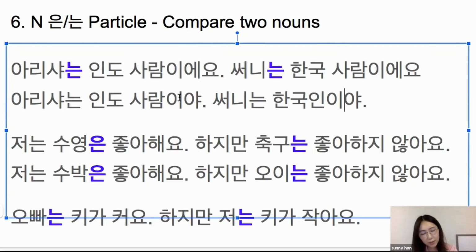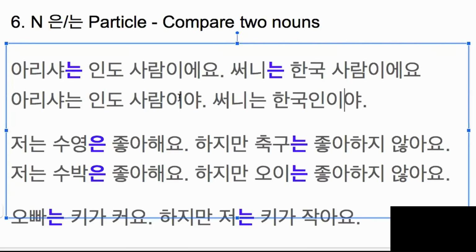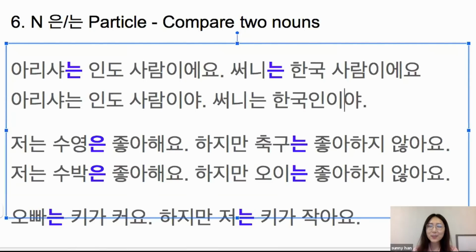But we don't really say Malaysian, no, I think 말레이시아 사람 sounds better. Okay. Yeah, I don't know how to explain this. Maybe 인 is from Chinese words, I guess. So try to use 사람 instead of 인, I think. I'm not sure. I have to search for this. Okay. Thank you for asking.